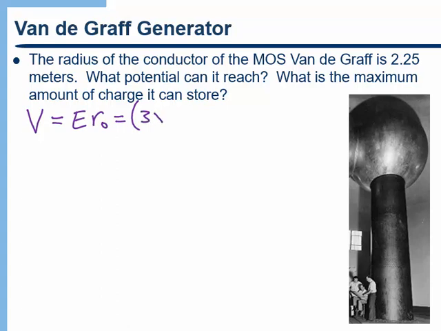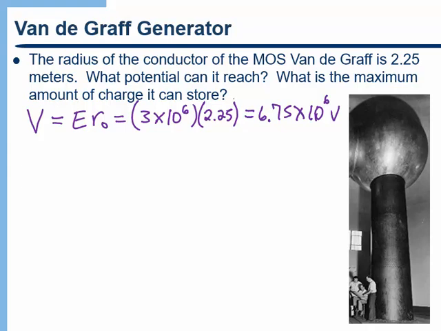That's 3 times 10 to the 6th volts per meter times 2.25, and what we end up with is 6.75 times 10 to the 6th volts. Okay, so that sounds a little bigger. Instead of 300,000 volts, we've got 6.75 million volts.